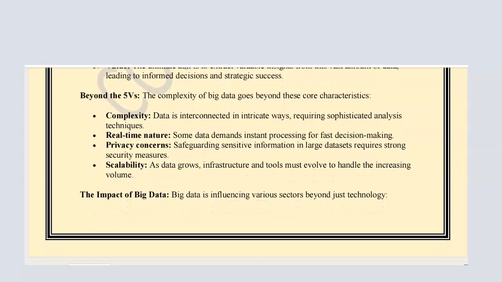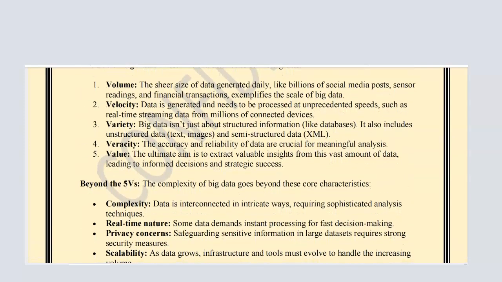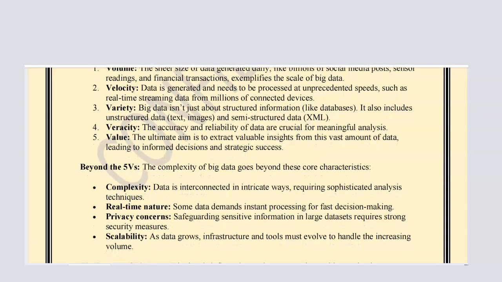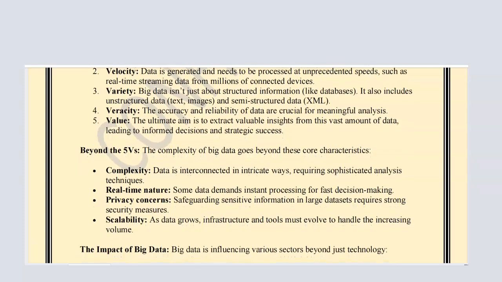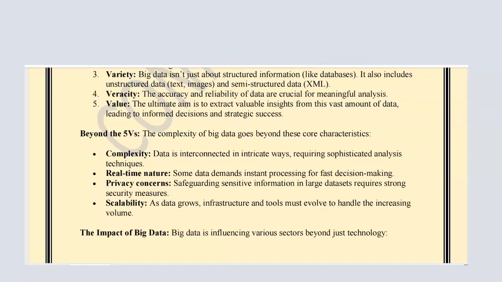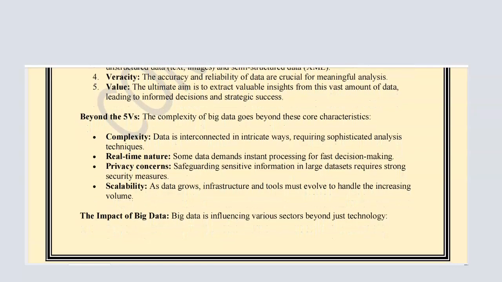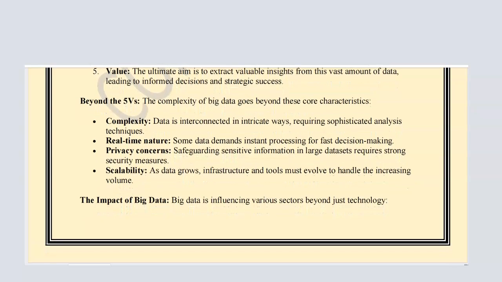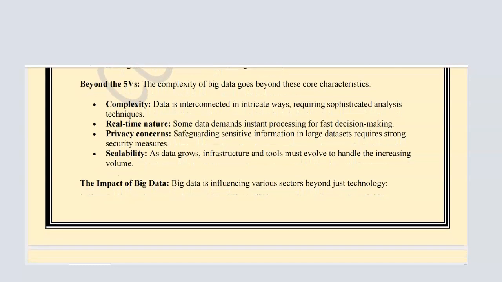Then veracity, which ensures the accuracy and consistency of the data set, or the data quality. Then the value is extracting meaningful insight from this data ocean to make informed decisions and drive success.